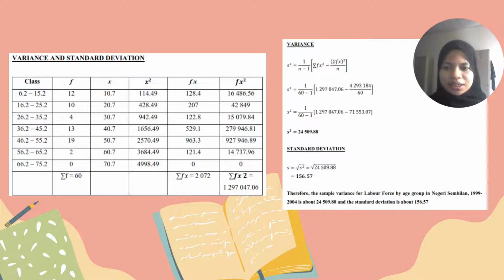The standard deviation is S equals square root of S power of 2, equals square root of 24,509.88, equals 156.57. Therefore, the sample variance for labour force by age group in Negeri Sembilan 1999 until 2004 is about 24,509.88 and the standard deviation is about 156.57.